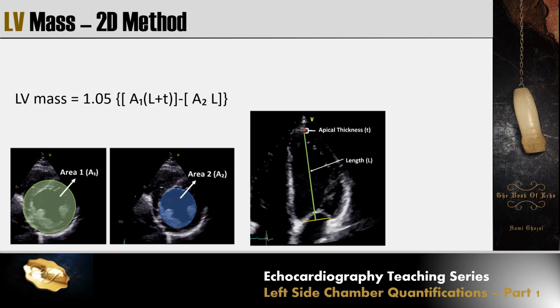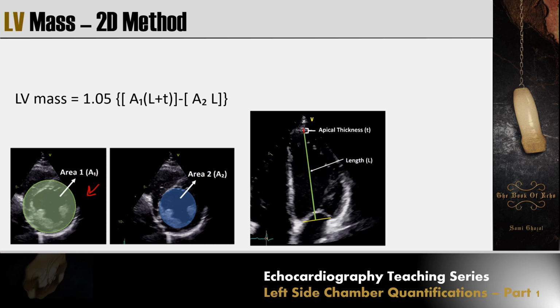The LV mass in the 2D method is a little bit complicated. First, you need to measure two areas in short axis. Area number 1 here will include the LV muscle inside, so the cavity and the muscle are included in the circle.